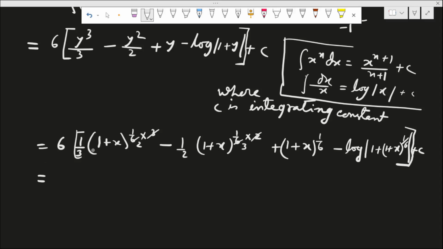That is 6 multiplied by the bracket expression, and c will be absorbed after simplification.